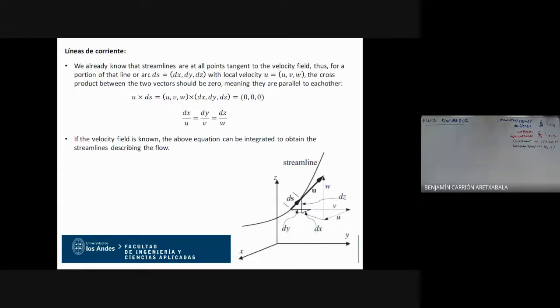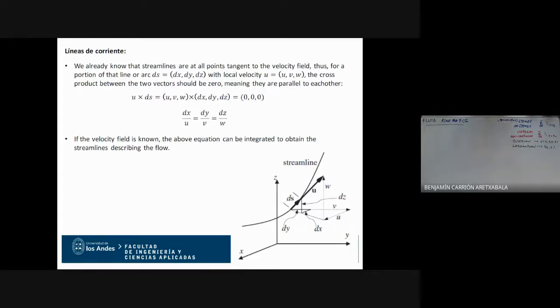I'm sorry, I said orthogonal. If the cross product is zero, they're both pointing in the same direction, parallel to each other.